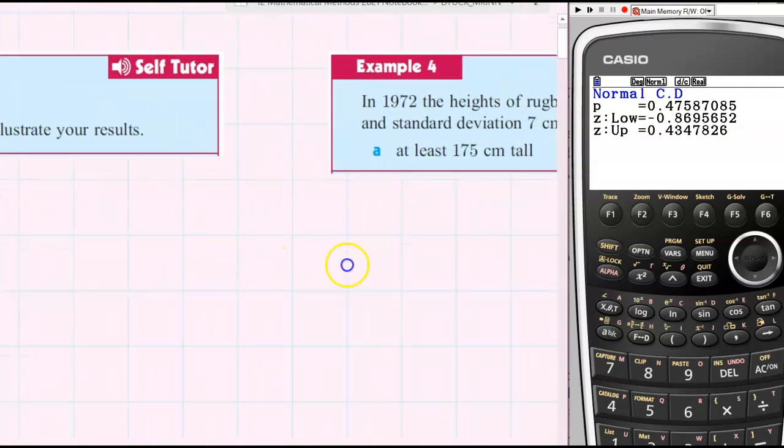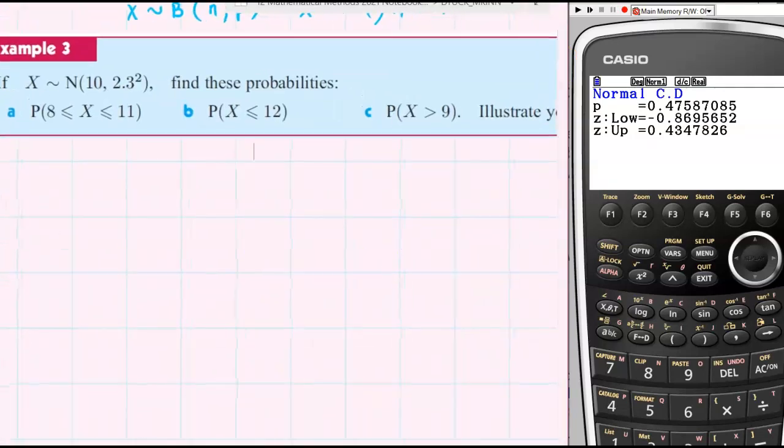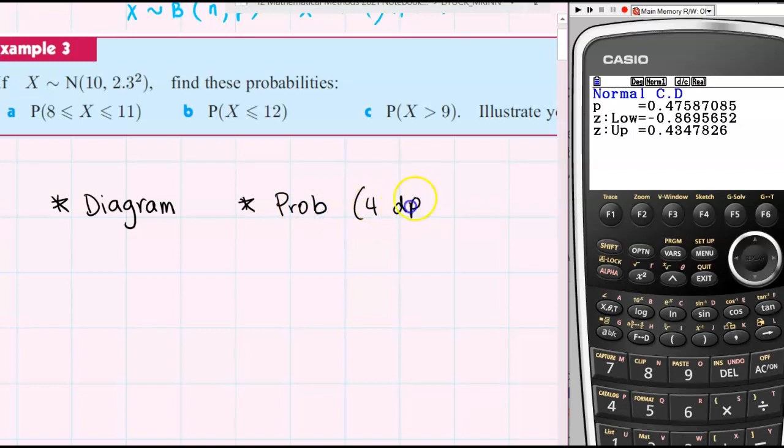For all of these questions, you will need two things. You will need some sort of diagram, and then you give some probability. We normally express probability to how many decimal places? 4 decimal places is correct.